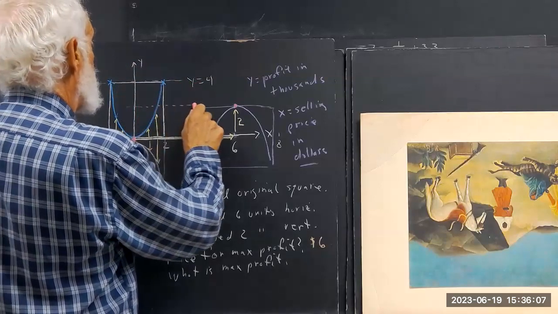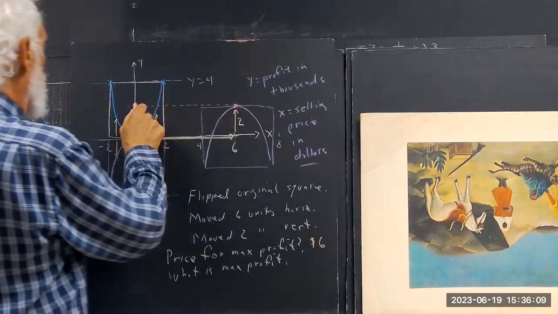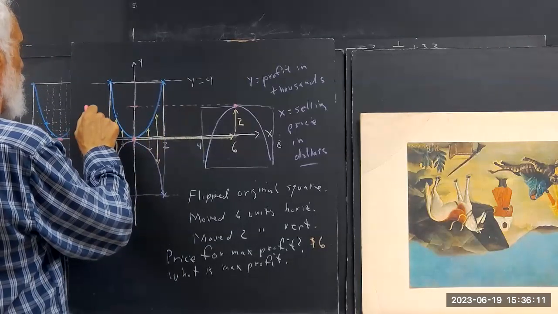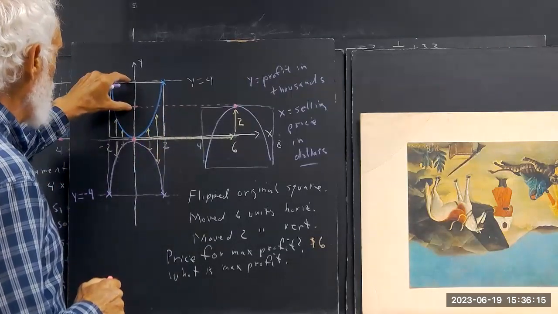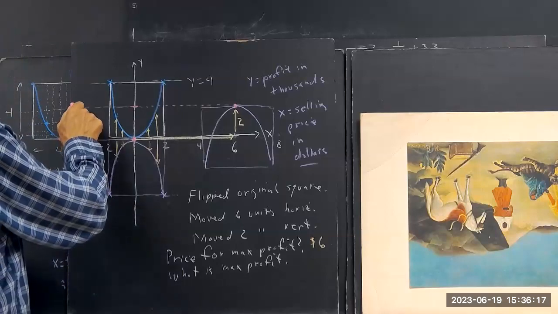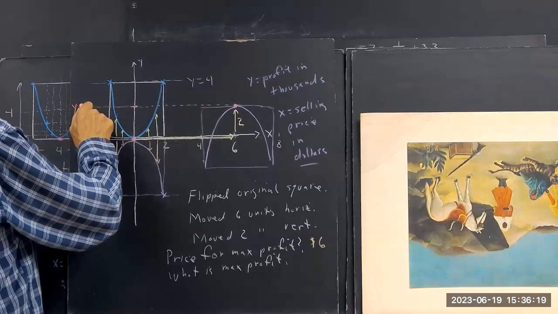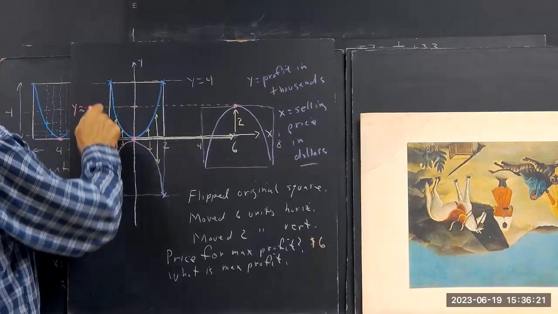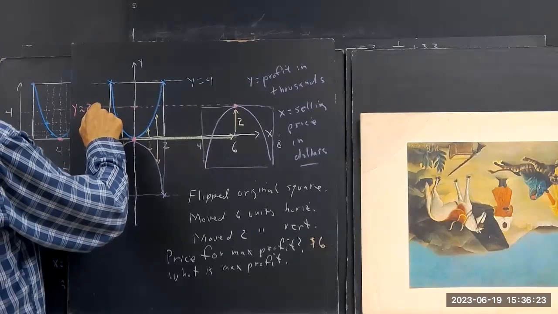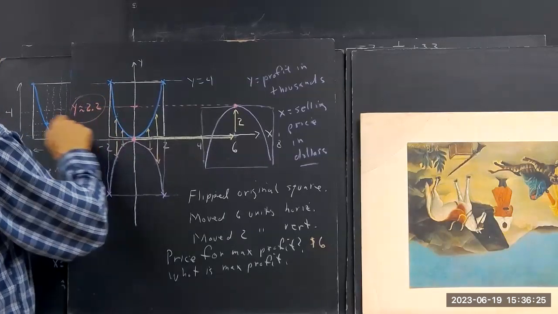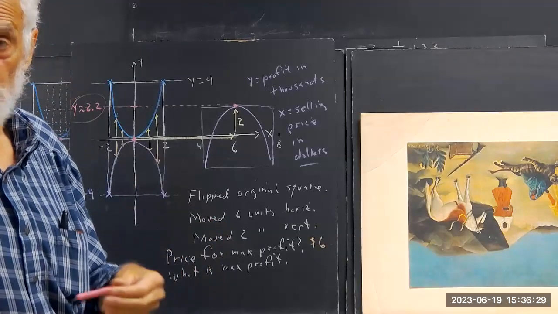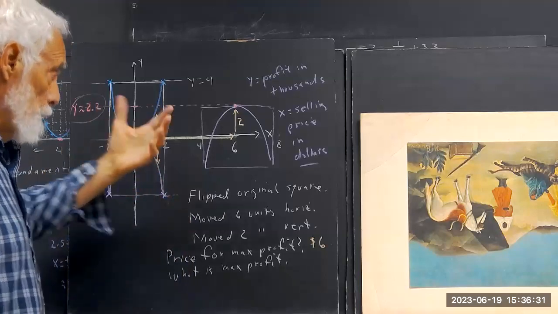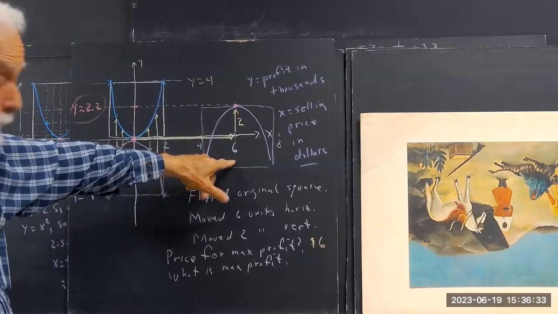Now, if we project this point over to the y-axis, we see that it's a little more than halfway up to 4. I'm going to say y is approximately equal to 2.2. This tells you, according to the model, and this model is your best prediction, what you would make at this price.